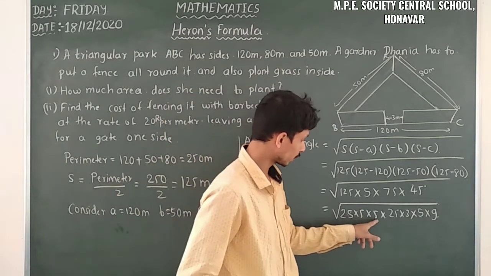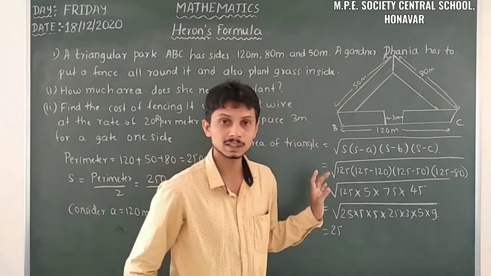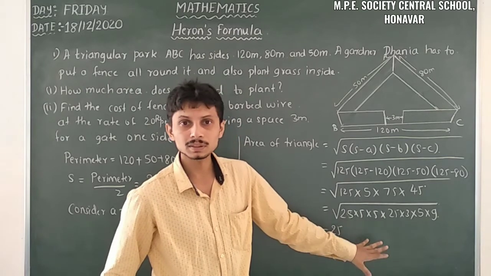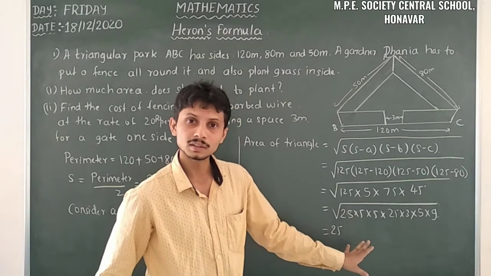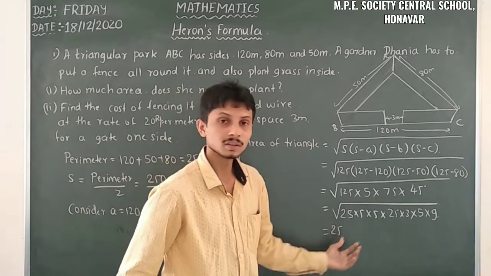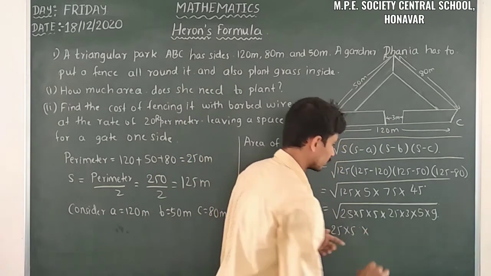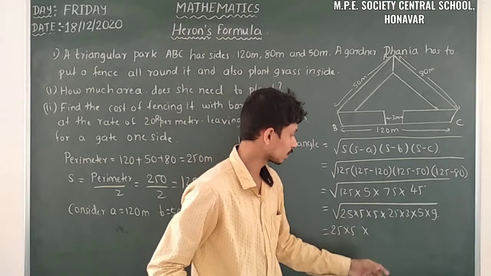And then here, just observe, two 5s are there. Those are multiplied, so it becomes a perfect square, and when we take it outside, it leaves only 5. So these two terms are done.